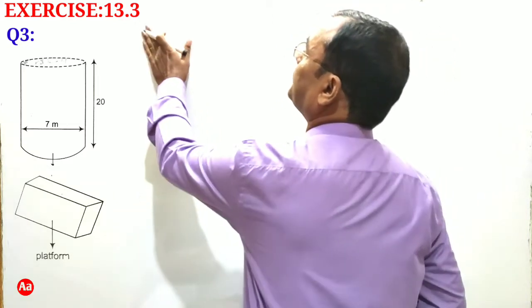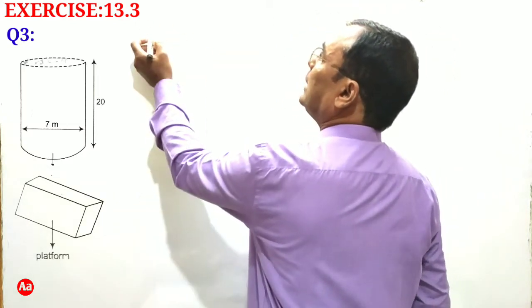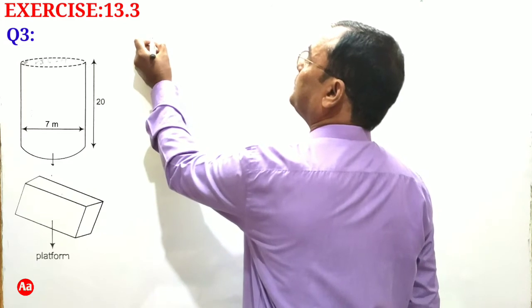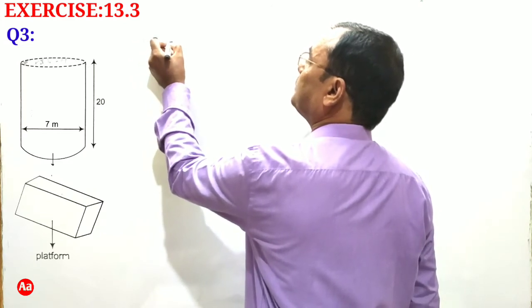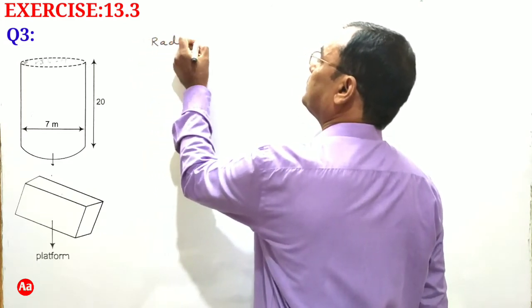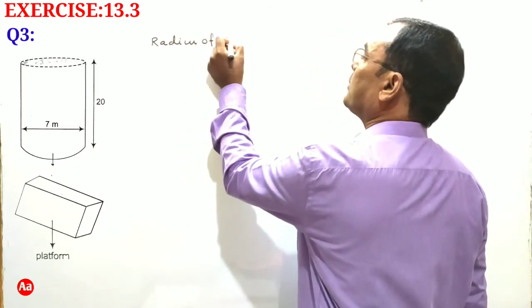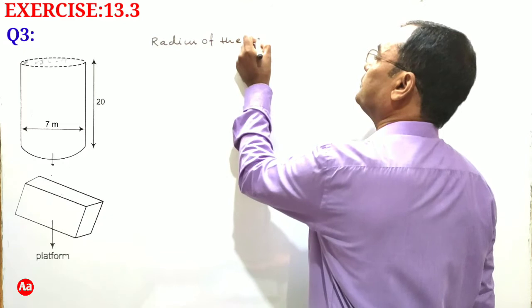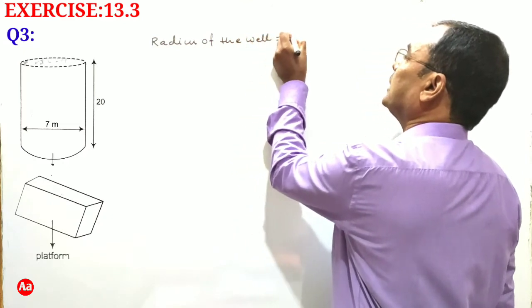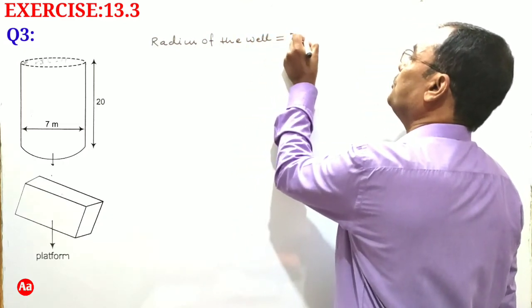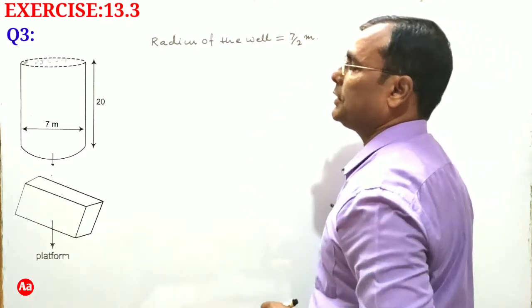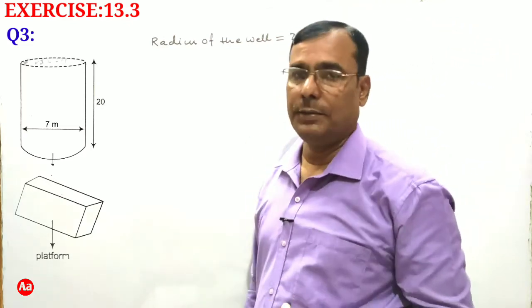So let us write radius of the well, 7 by 2 meter, as diameter of the well is given 7 meter.